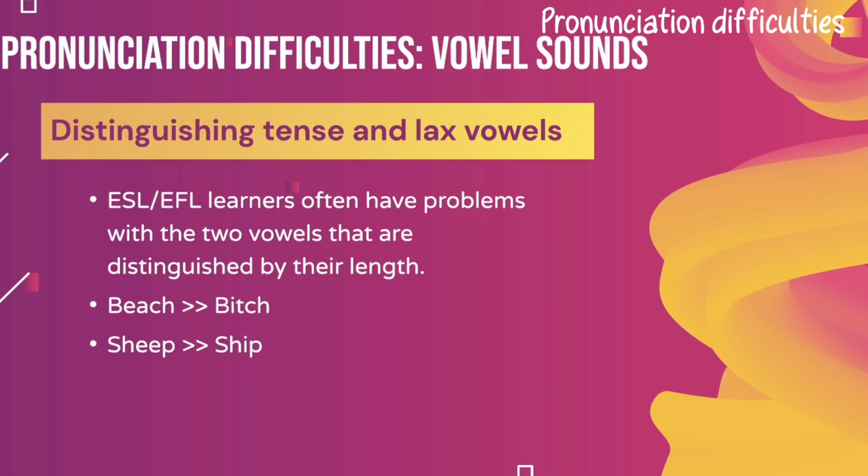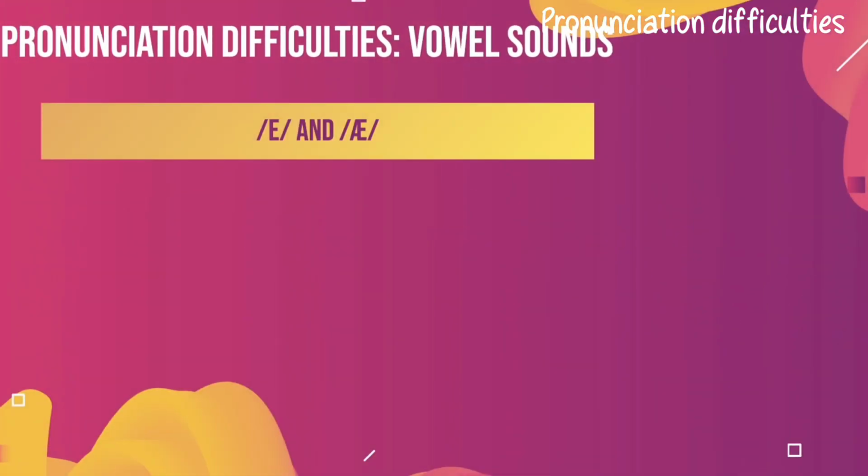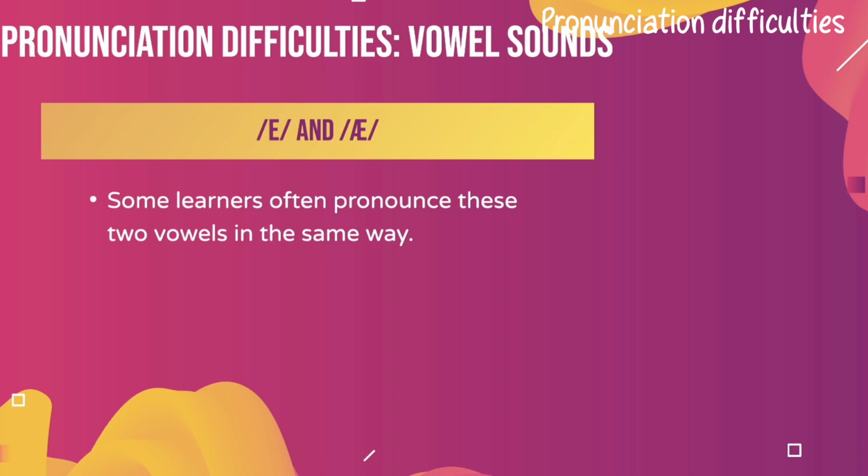The next problem is the two low vowels. Some learners often pronounce these two vowels in the same way. The problem lies within the failure to drop the tongue and jaw while producing the low vowel.